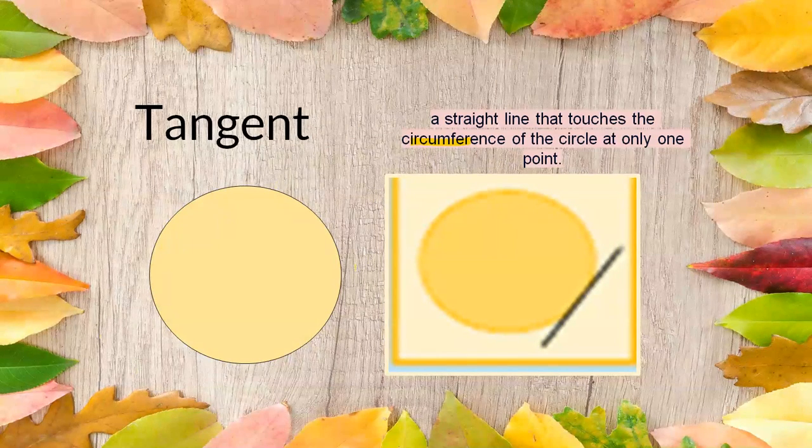It's the boundary wall. So a straight line that touches the circumference of a circle at only one point, touching from there, leaving some area, is a tangent of a circle.